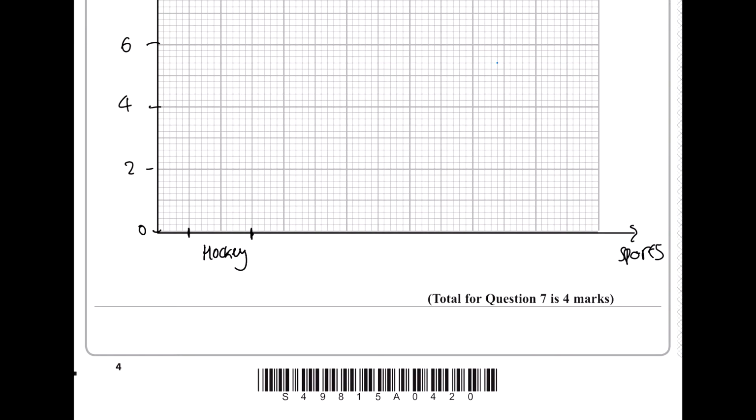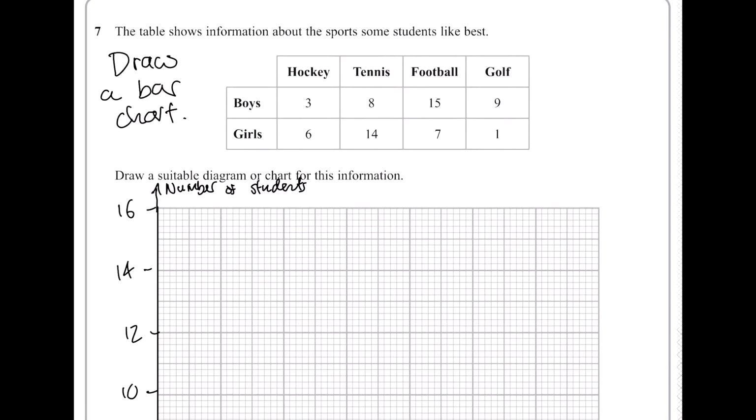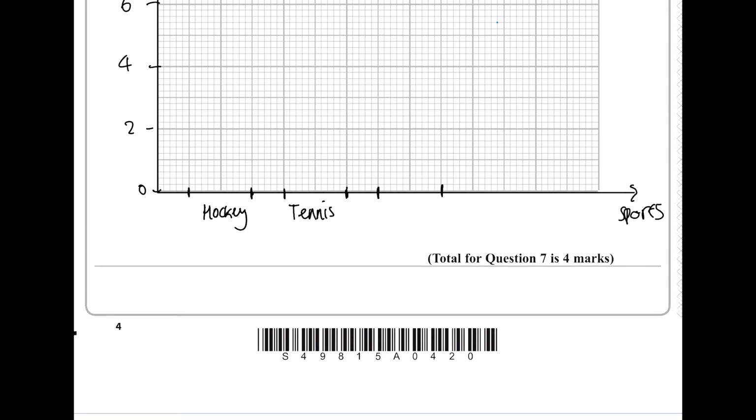Then I'll leave a gap and start here and then here. So this will be my second one, tennis. And then I'll leave a little gap, so start here, then go to here. So this would be football. And then I'll leave another gap and then go over here. So this would be golf, like that.